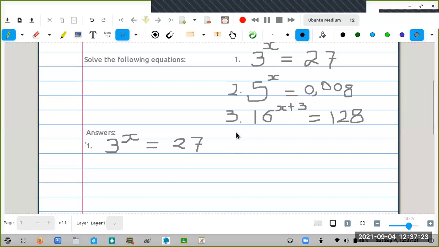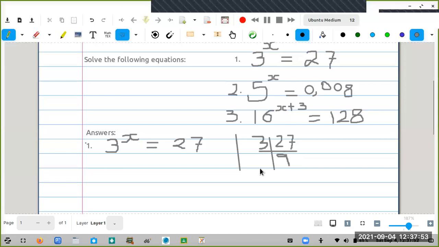If I am to find the factors of 27, I'm going to use the factorization method. 3 into 27 gives 9.